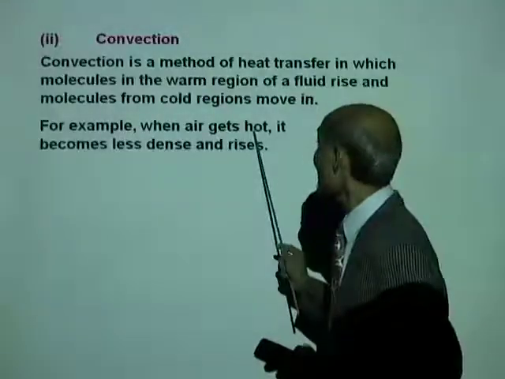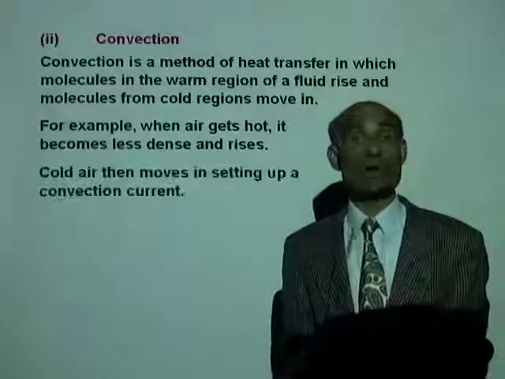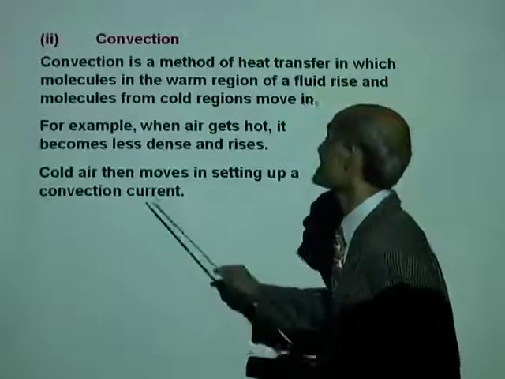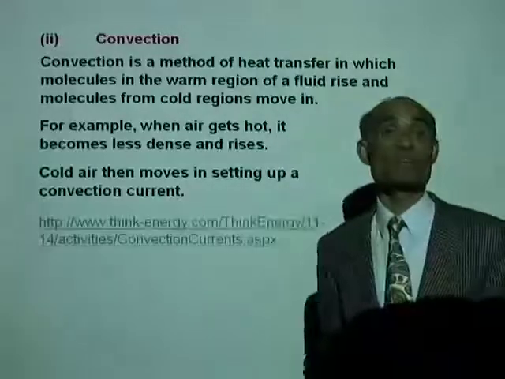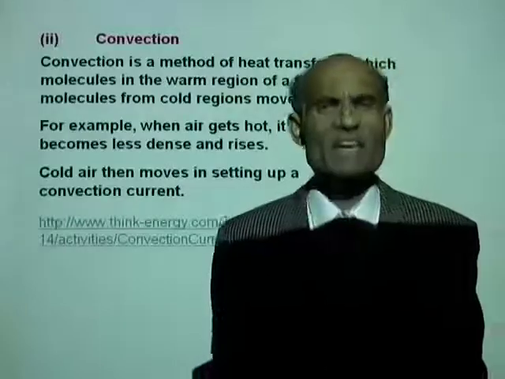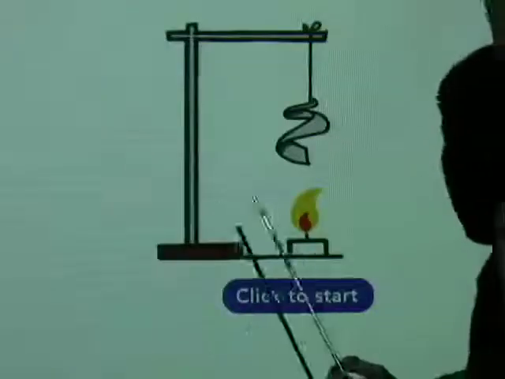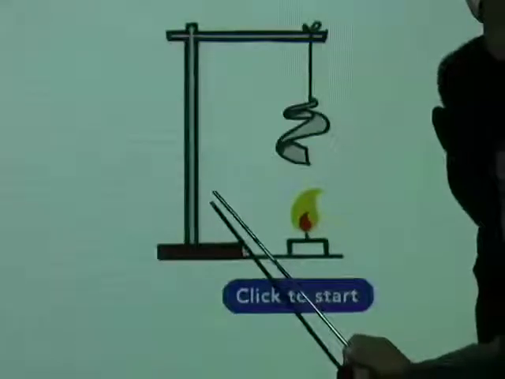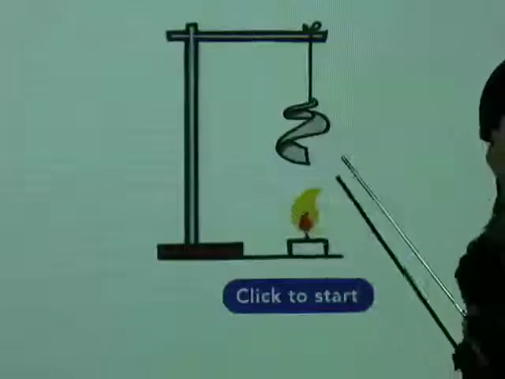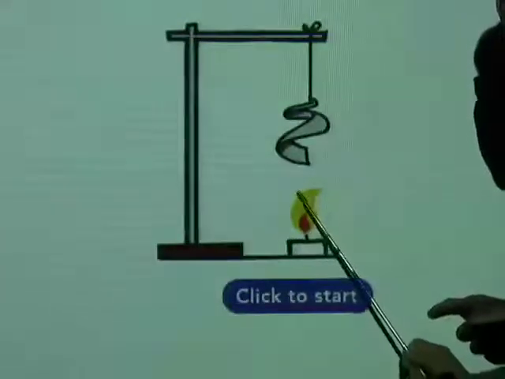So when air gets hot, it becomes less dense and it rises. Cold air will then move in, setting up a convection current. Now let me see if I can demonstrate a very limited convection current for you. This is an animation I took from a school science website. What this illustrates is you have a candle burning here.